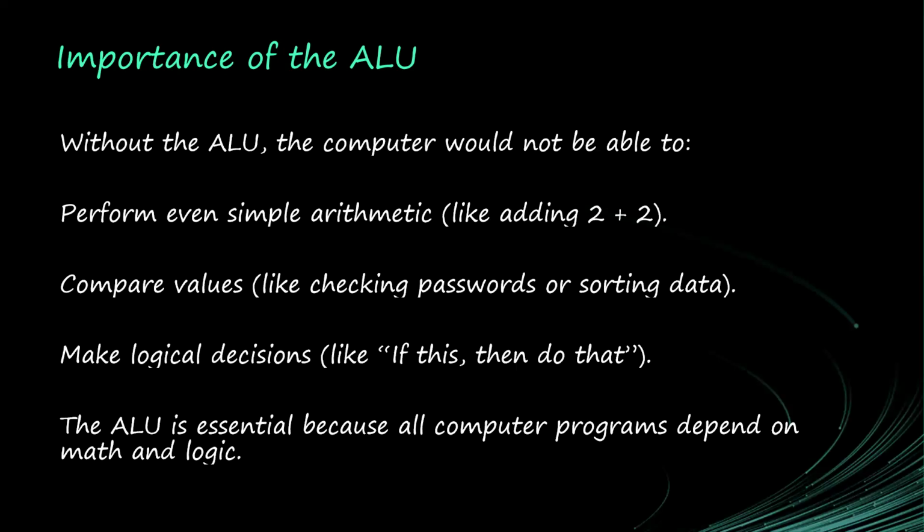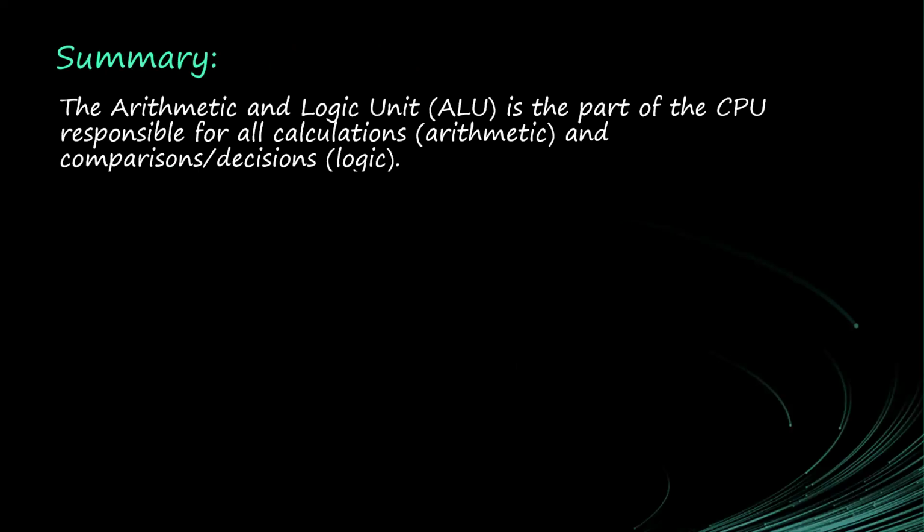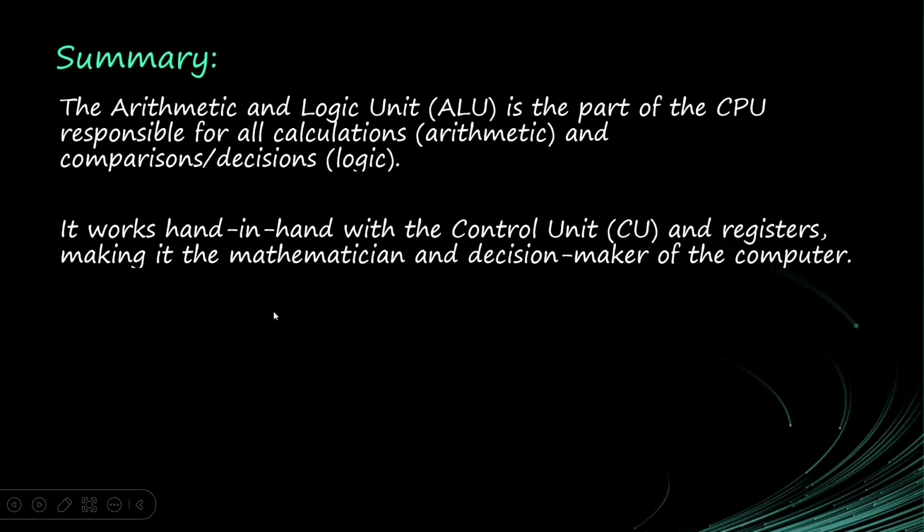So every part of the computer is needed for the computer to work. So in summary, the arithmetic and logic unit is the part of the CPU responsible for all calculations, arithmetic operations, and all comparison and decision making, the logic operations. It works hand in hand with the control unit and registers, making it the mathematician and decision maker of the computer.